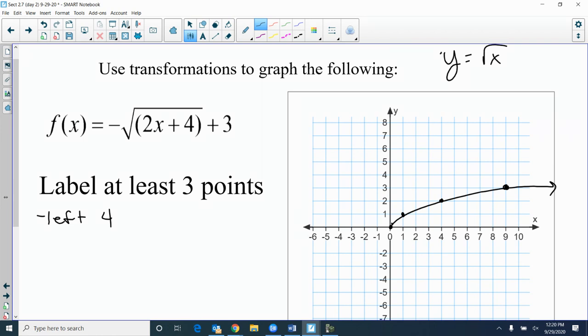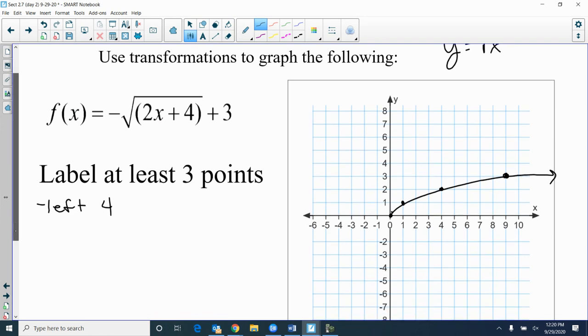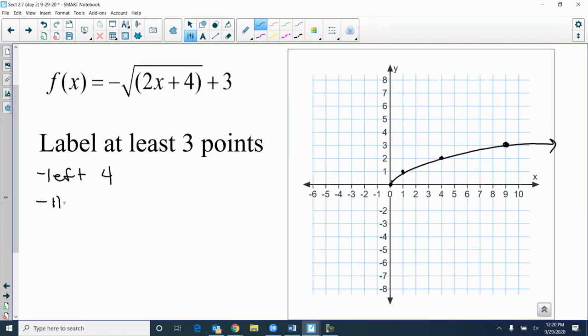Okay, because the 2, if it's bigger than 1, it's a horizontal compression by a factor of 1/2.